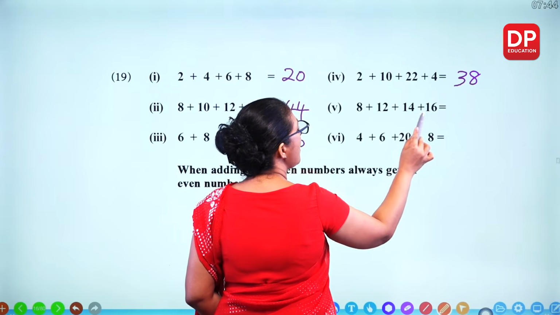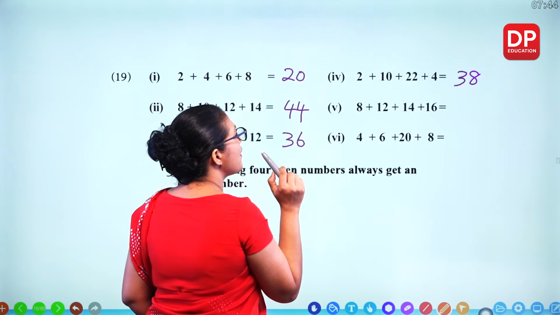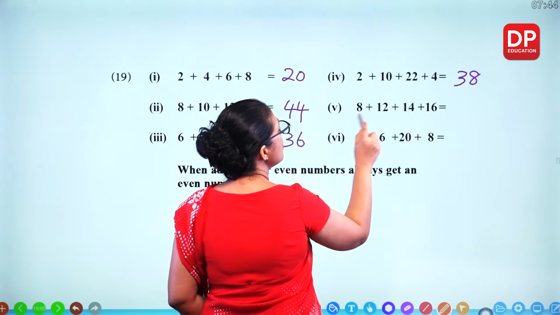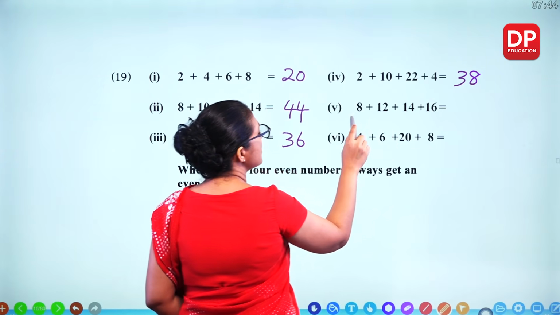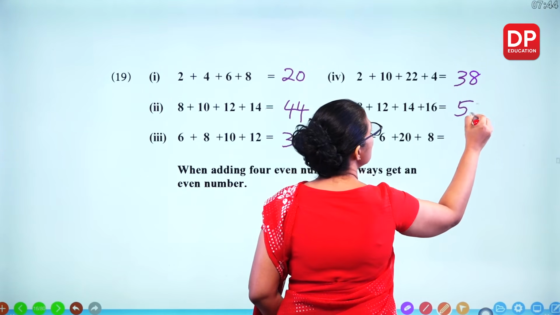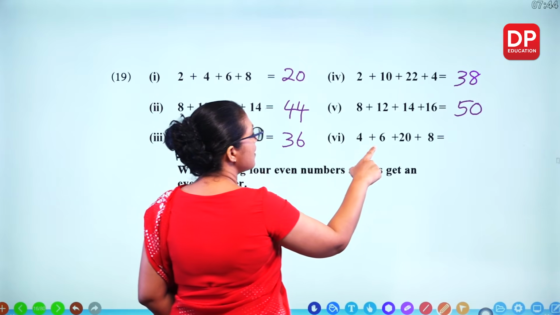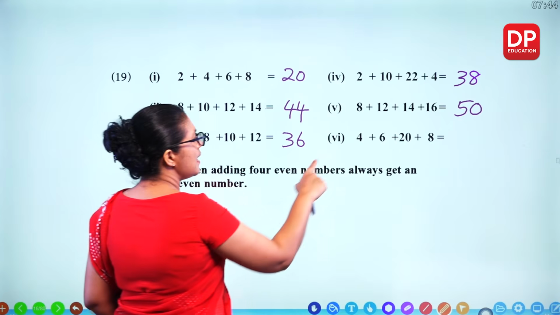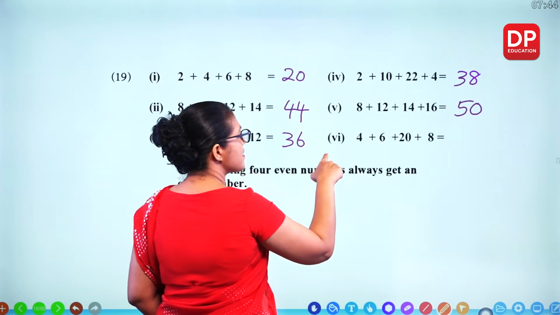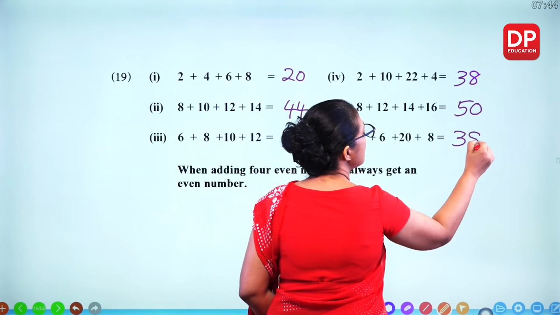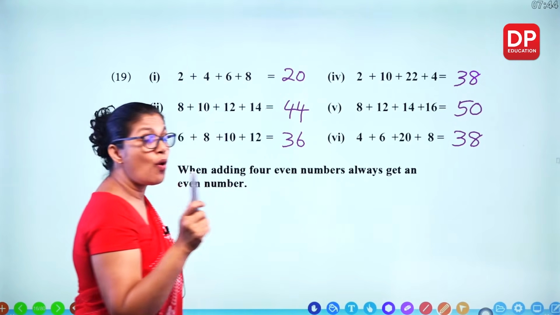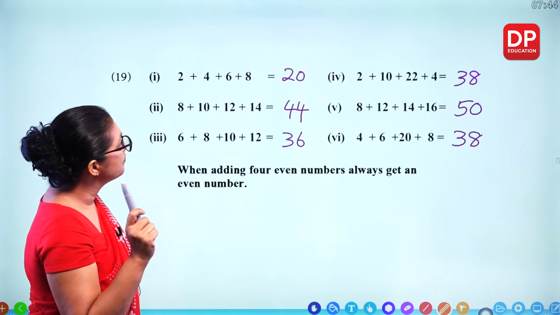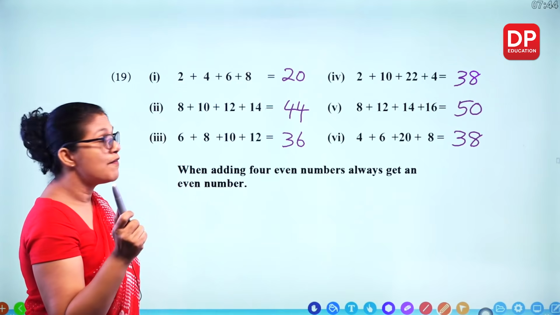This one, when you add 14 and 16, you get 30. Here also, you get 20. 30 plus 20, that's 50. Here, 20 plus 8, 28. And here 10. 28 plus 10, 38. So when you are adding 4 even numbers, you get an even number.